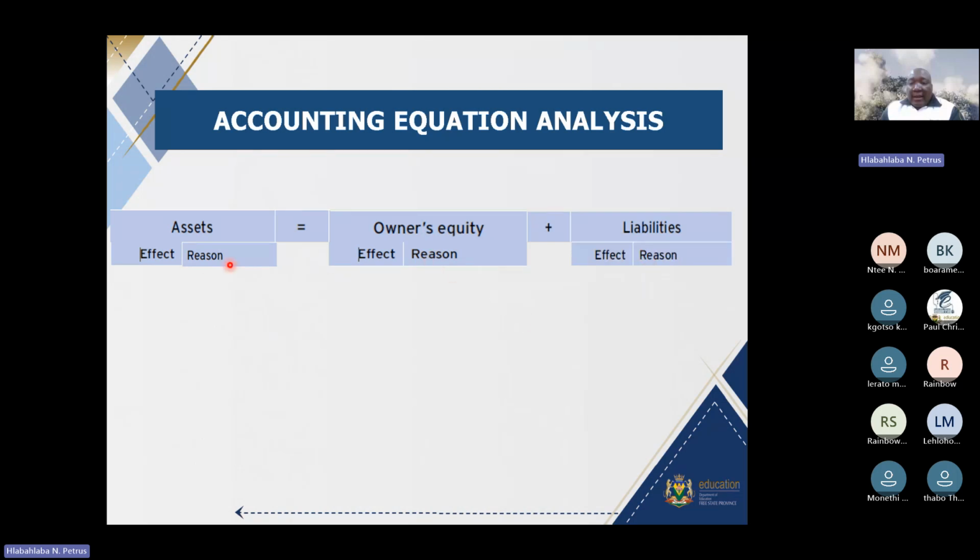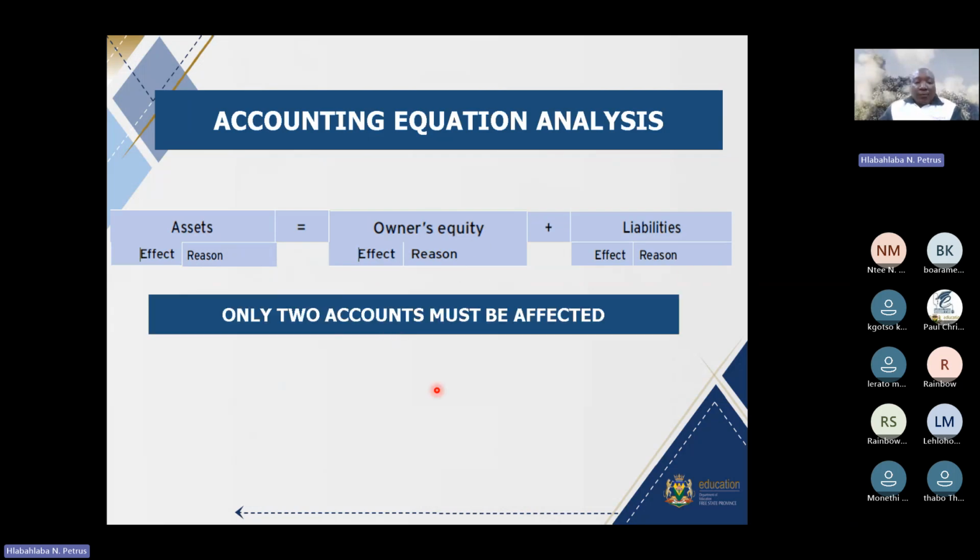So you have to give the reason why there is an effect of 1,000 or an effect of 2,000: why the assets has increased, why the owner's equity has increased, and why liability has increased. What is important, grade 8, is that only 2 accounts must be affected in the accounting equation.